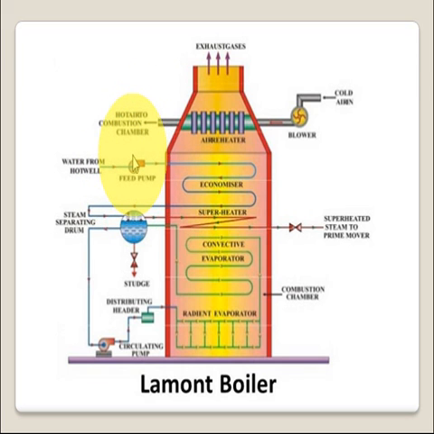Here we have feed pump which draws the water from hot well and supplies to the economizer. In economizer, the heat from the exhaust gases is absorbed by the feed water, and feed water gets heated, and the heated feed water is supplied to the steam separating drum.